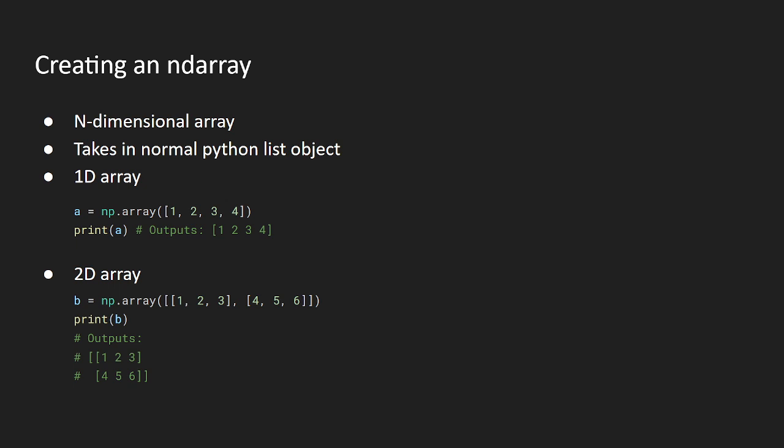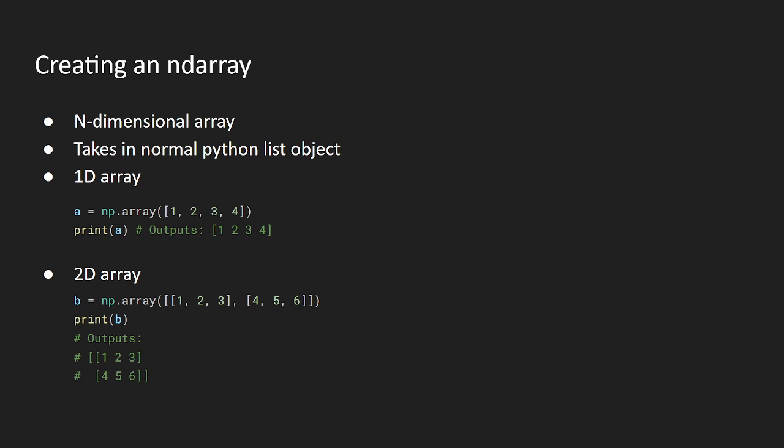It takes in a normal Python list as an input, and you can see here that you can create one by saying np.array, and then you put in the list of items you want, like a regular Python list, and that converts a Python list into a NumPy array. You can do all sorts of really cool stuff with that.